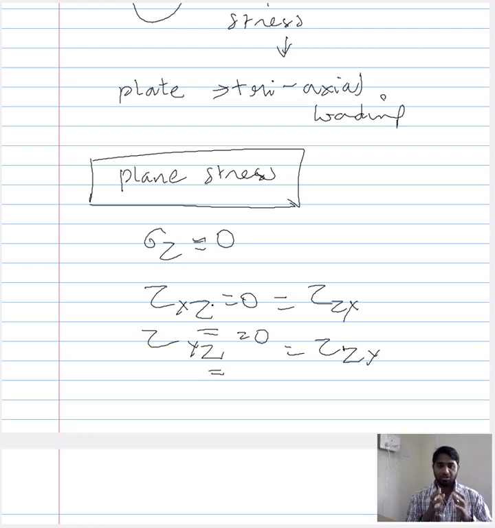By definition of plane stress, the stress along one of the directions is absent, so whenever a particular direction is involved in a stress component, it is 0, and particularly for shear stress, you can reverse the plane and stress because they are equivalent. By doing this you will end up with just 3 components, and using these 3 components of stress you will be able to describe the mechanical condition under plane stress.